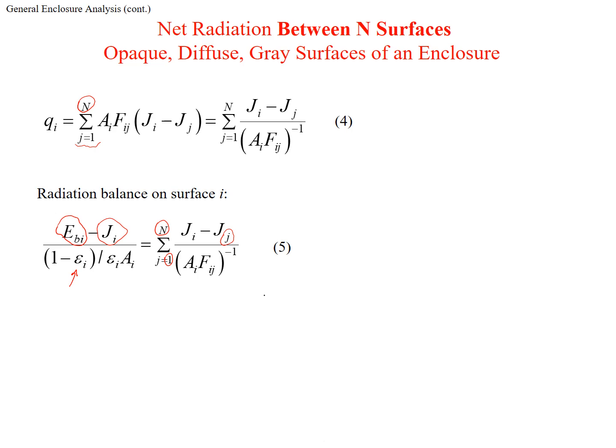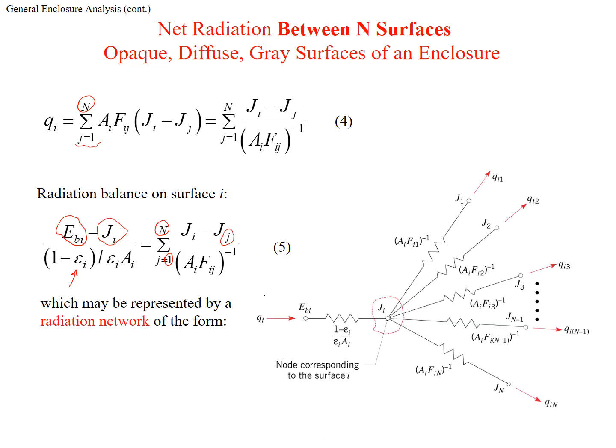So we make them equal because they are both representing the net radiation from surface 1. And then we generally like to represent this in a circuit form like this. So we say that the net radiation from surface i is this Qi. Now, from EBi node to Ji node, there's this resistance for the surface that we already came up with, and that's the left-hand side of this relation. Now, from Ji, your net radiation could be split into the different surfaces that it views.